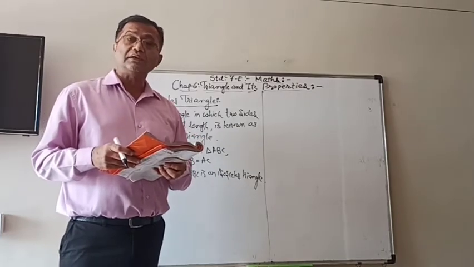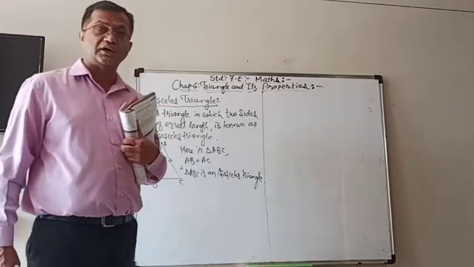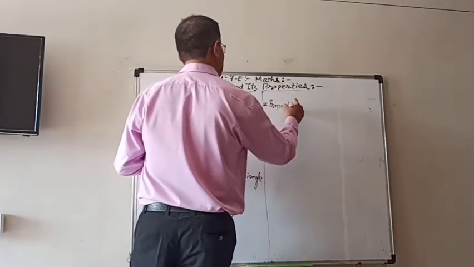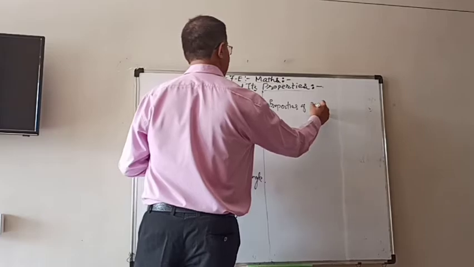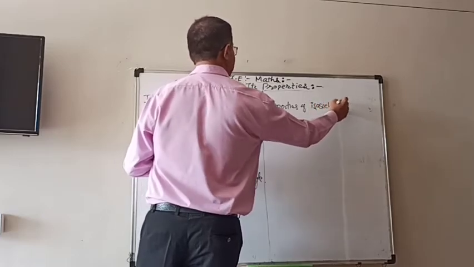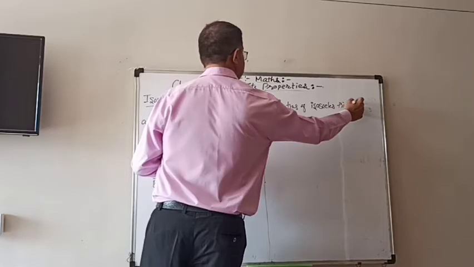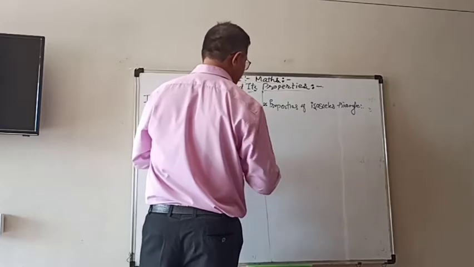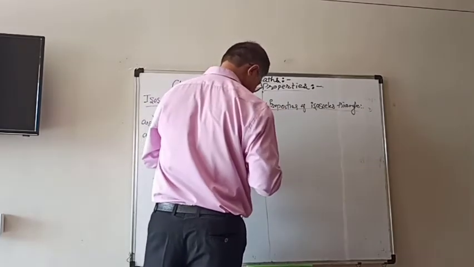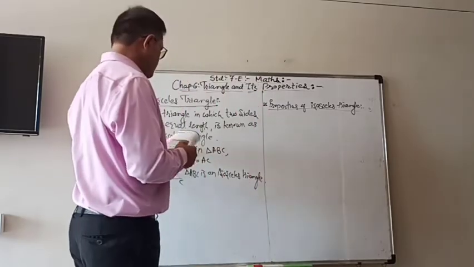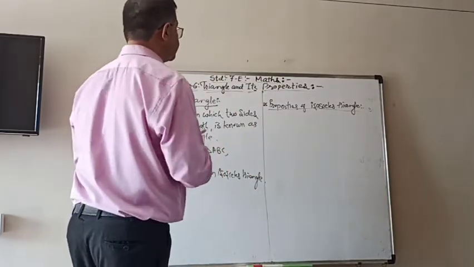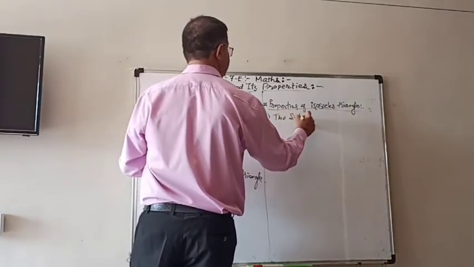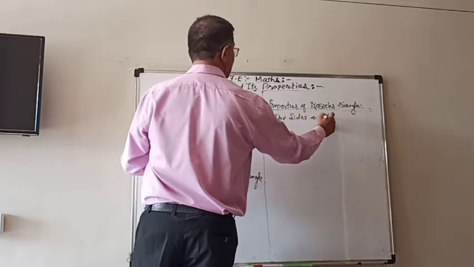Now, as we saw the properties of the equilateral triangle, here also we have some properties. Properties of isosceles triangle. First property we already know, that its two sides are of equal length. So we can write down two sides are of same length.